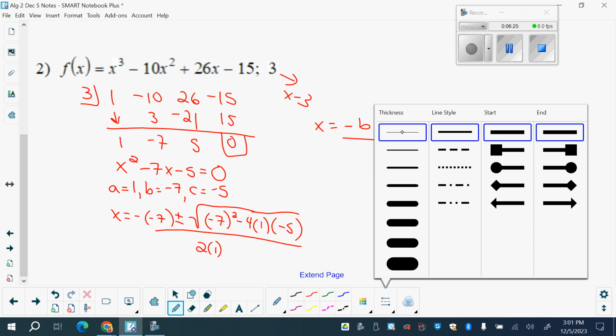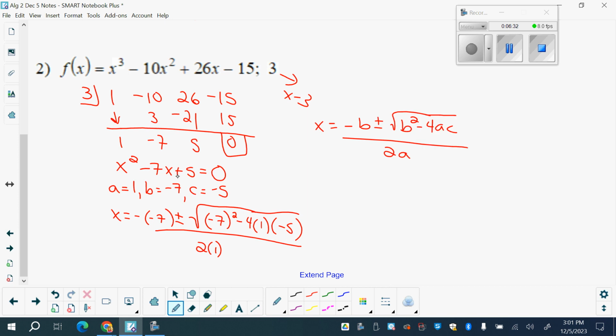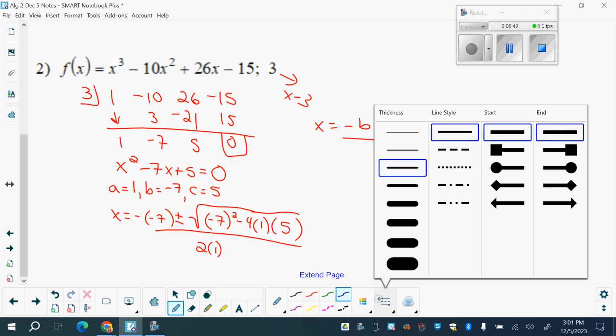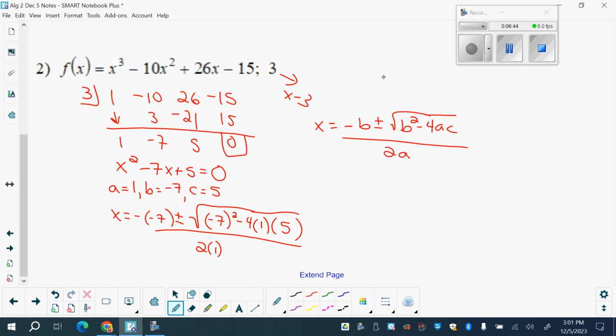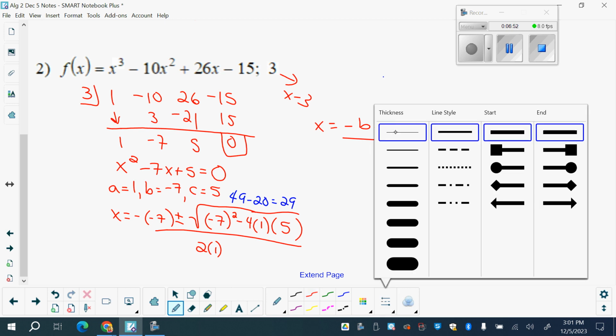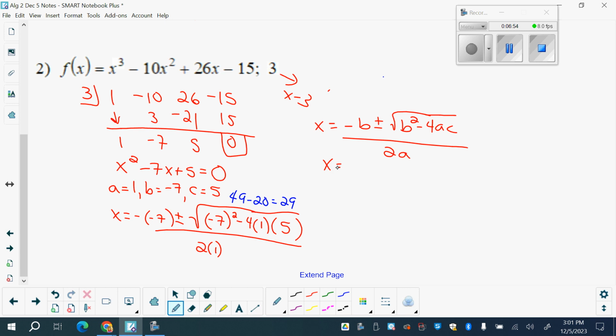So inside that square root, it's a -5 because it's a -5. Oh, thank you. I wrote it down wrong. Thank you so much, because that would have been a problem. Good job. So then this here is a 5. So when we go to solve that, this is going to simplify to 49 minus 20, which is 29. And so we get 7 plus or minus square root 29 over 2.